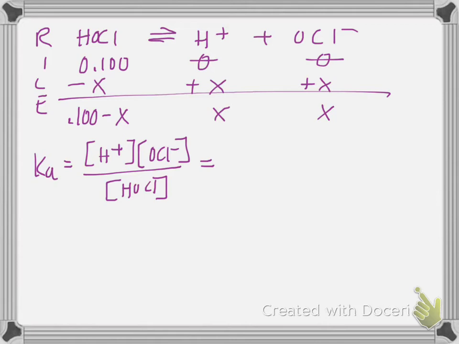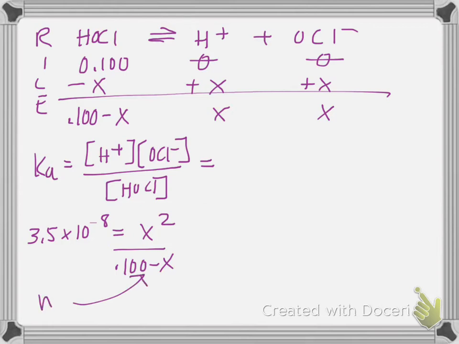Okay, so we plug in what we have, and we have 3.5 times 10 to the negative 8 is going to be equal to x squared over 0.100 minus x. So I would say this, neglect x. Then I'm going to say 3.5 times 10 to the negative 8 is equal to x squared over 0.10.